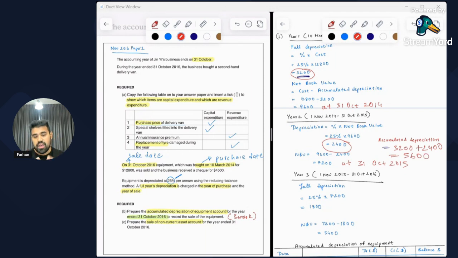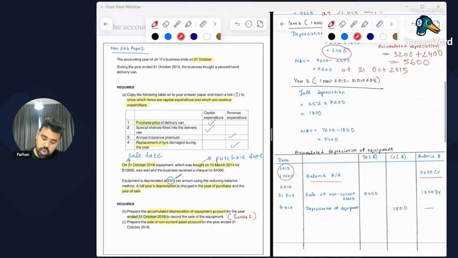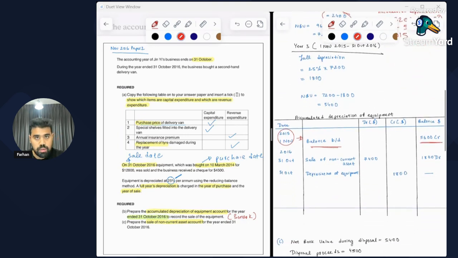This is the depreciation in total that we have at 31 October 2015, which gets forwarded as the opening balance on 1 November 2015 when we start a new financial year. And that's the amount that we have shown in the 5th column here, 5,600 credit. All right, so that's how you get 1 mark.